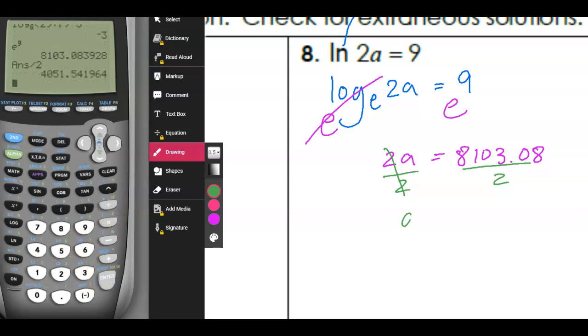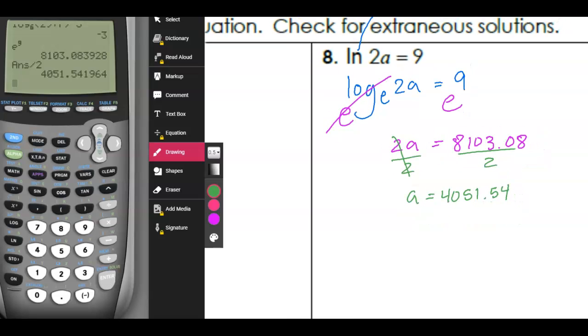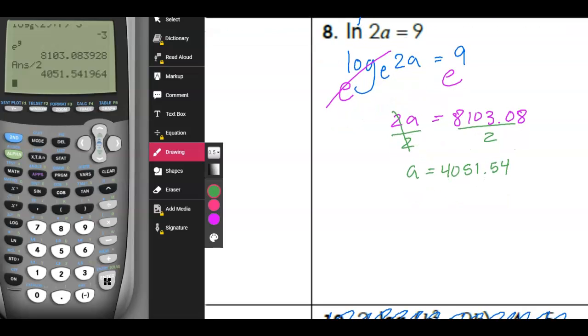And we get A is 4,051.54. When you checked if this was extraneous, was it extraneous, Kennedy? No, it was not. ln of 2 times 4,051.54.